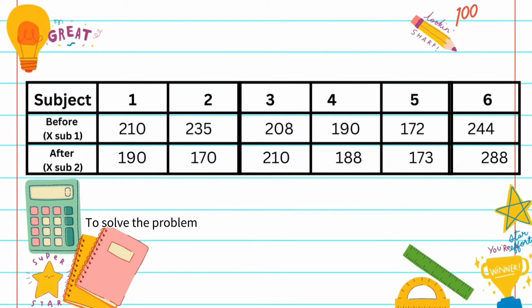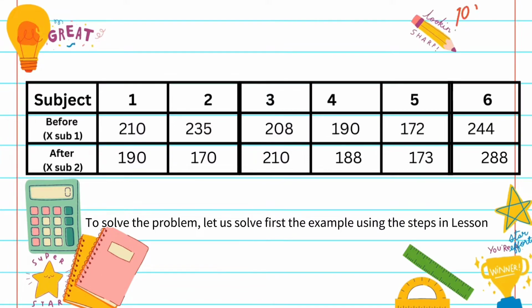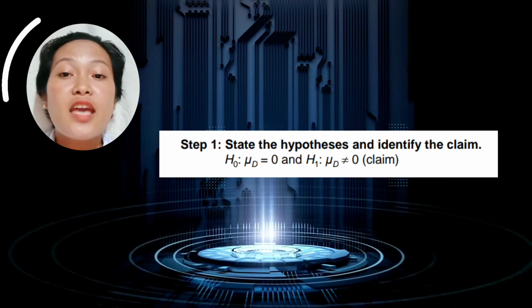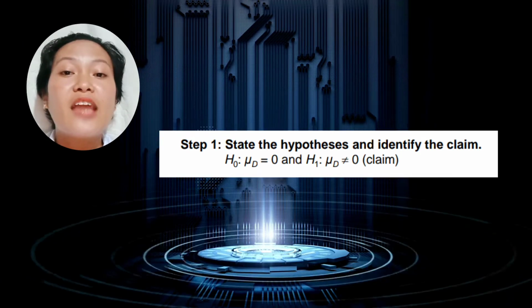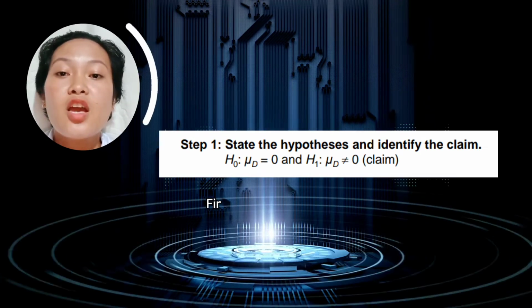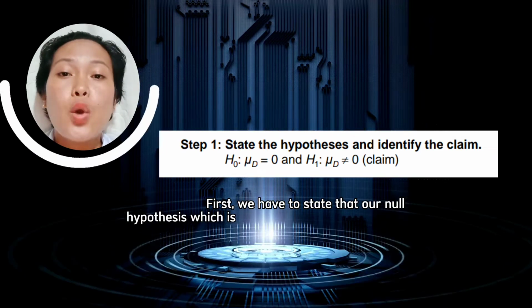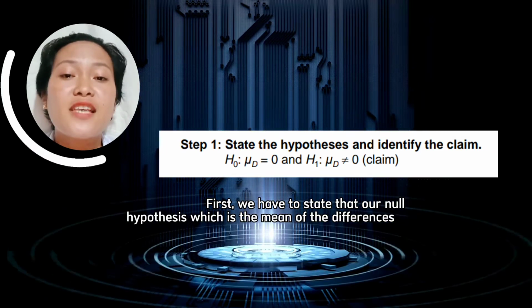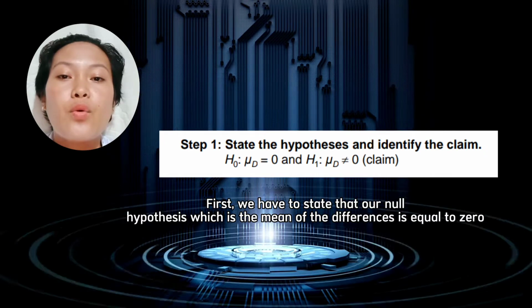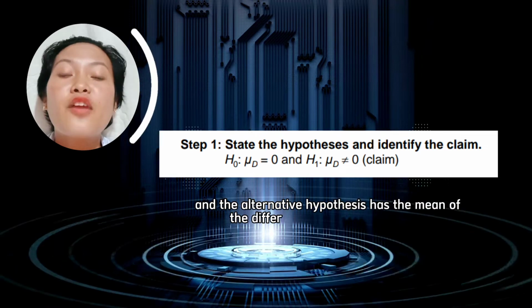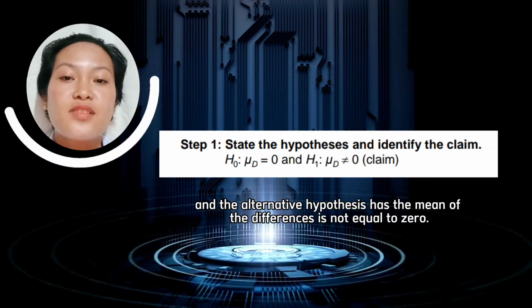To solve the problem, let us solve the example using the steps in Lesson 2. Step 1: state the hypotheses and identify the claim. First, the null hypothesis is that the mean of the differences is equal to 0, and the alternative hypothesis is that the mean of the differences is not equal to 0.